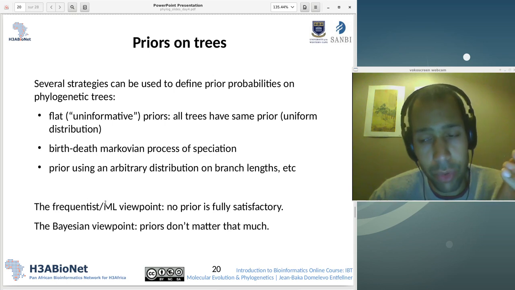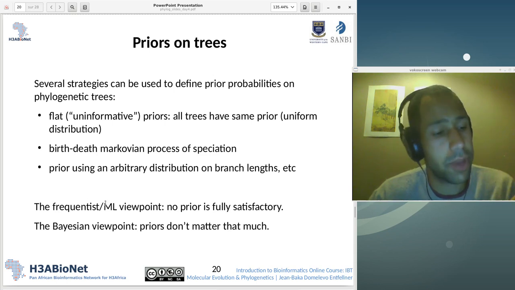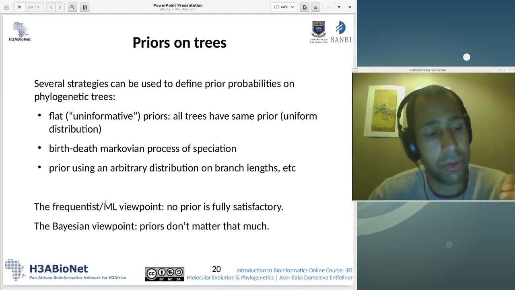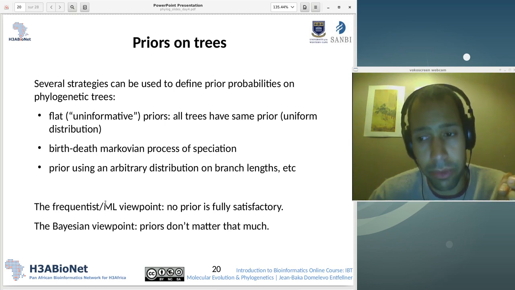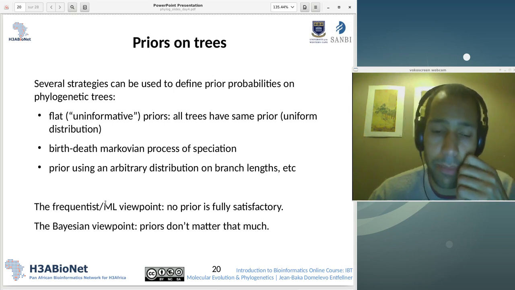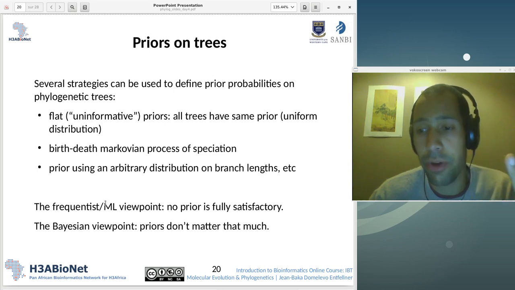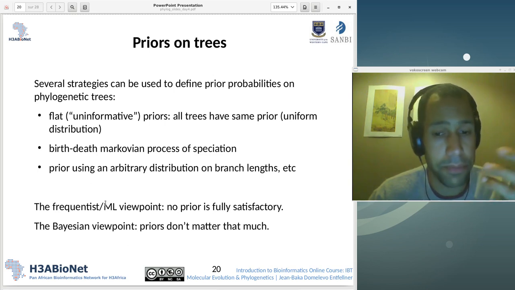So the people who are advocates of the maximum likelihood framework, that's one of the criticisms they have against Bayesian methods. They say, okay, look, if you're using the Bayesian viewpoint, you have to use priors, and no priors are satisfactory. So, yeah.